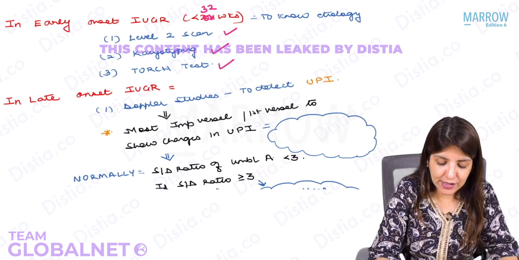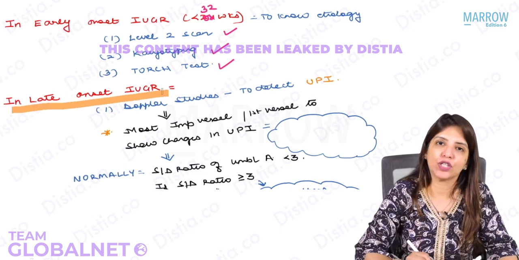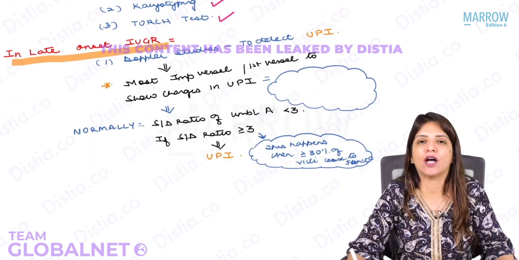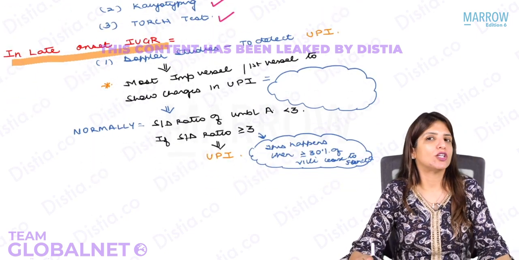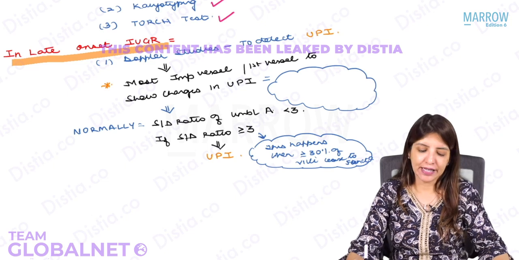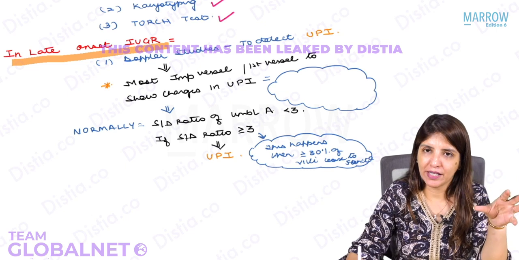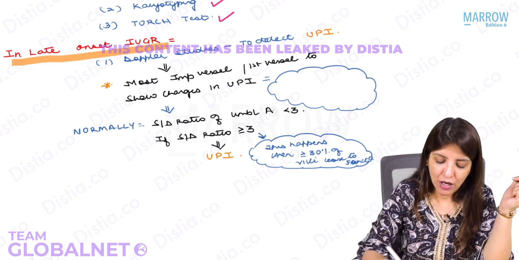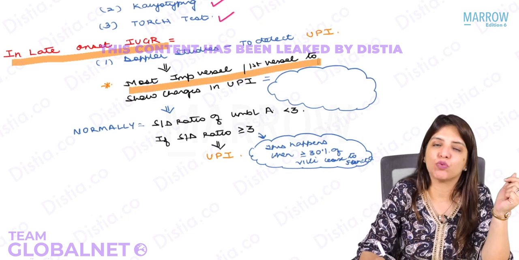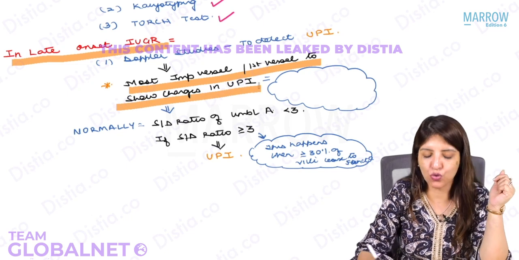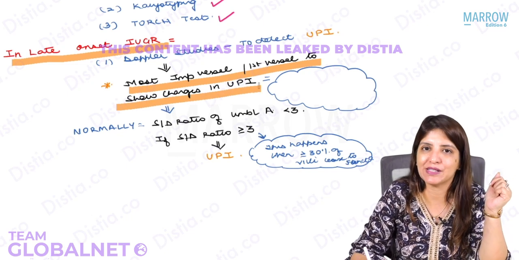Now, if this is a late onset IUGR, one of the very common etiologies is uteroplacental insufficiency. Right? So now you have done PIH, and you are going to tell me which is the most important vessel or the first vessel to show changes in uteroplacental insufficiency.